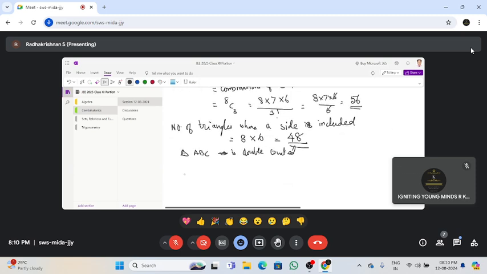Similarly, the number of triangles where 2 adjacent sides are included is equal to 8, double counted. So that we'll have to exclude from this 48. Okay. So then we have the correct number of triangles where a side is included. Then now if you subtract it from the total, you will get the number of triangles where a side is not included.